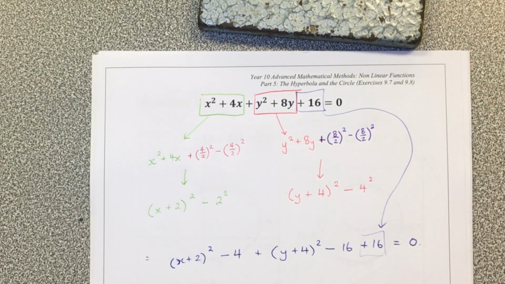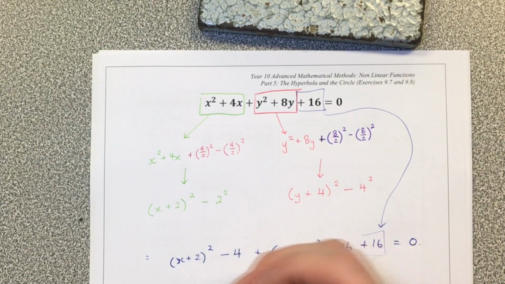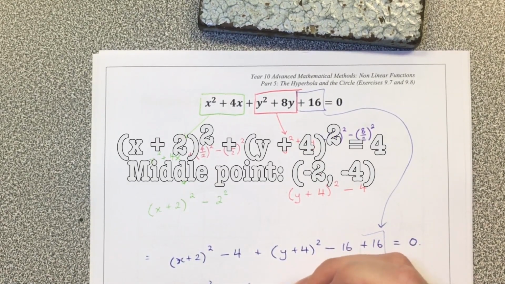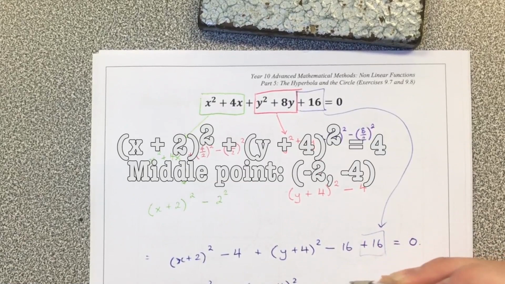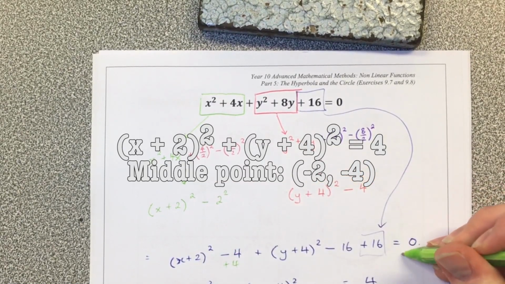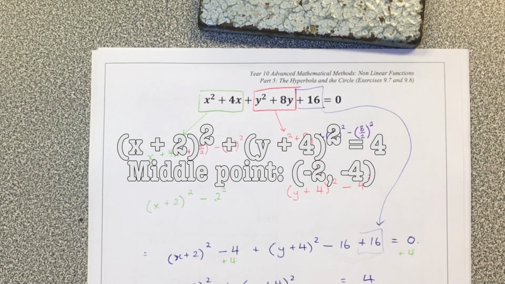There it is. So, negative 16 plus 16 is going to be equal to what? 0. So, we'll need to move this 4 to the other side. So I'm just going to add 4. And hooray! We've got a very lovely circle equation.